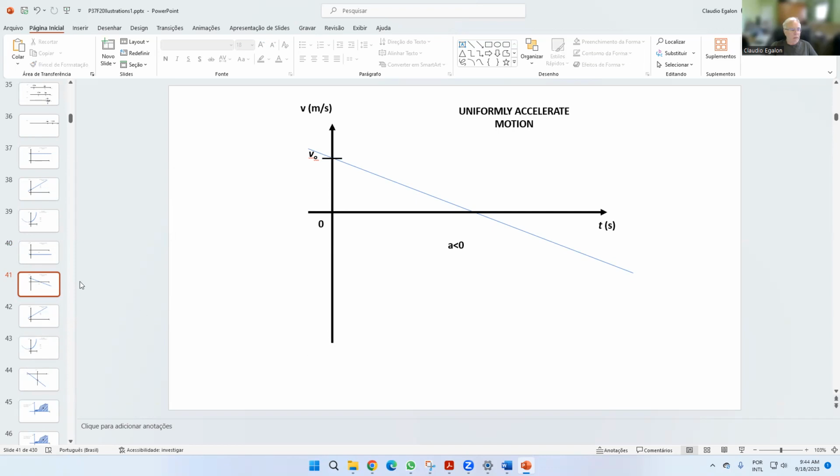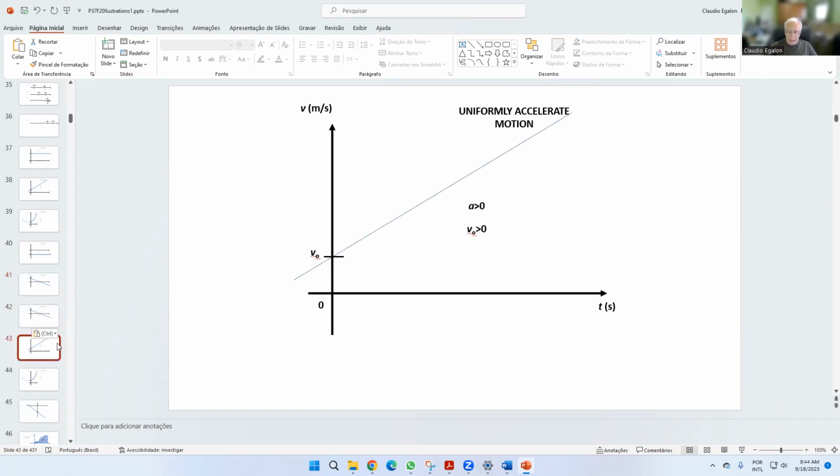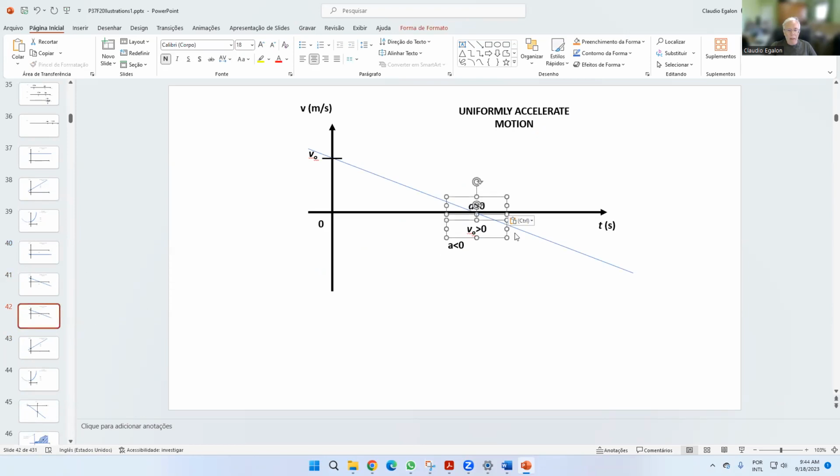Okay. And the next step, I don't need that anymore. Oh, I need those two, right? Copy that. Just this one, not this one, because the acceleration is negative.